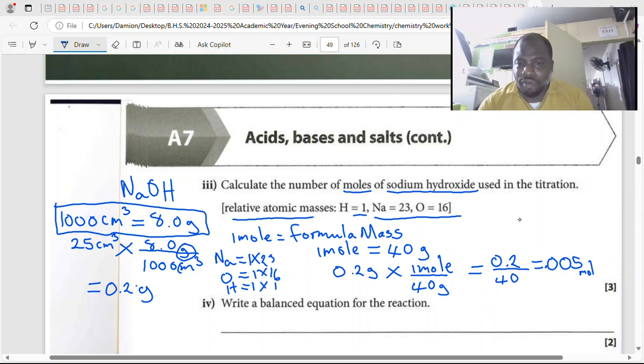So we now know that 0.2 grams in moles is 0.005. You would have seen something on your calculator, as I said, looking like this.